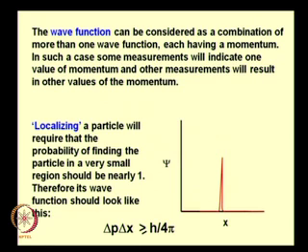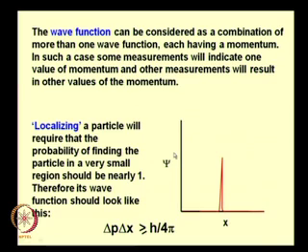So psi star psi dx, which I said is Born's interpretation of the probability of finding an electron at a given region, should reach a maximum only in that region and should reach virtually 0 on either side of it. If you have such a situation, the wave function psi of an electron that is really localized to one spot would look something like this.